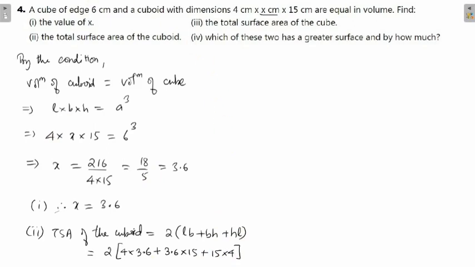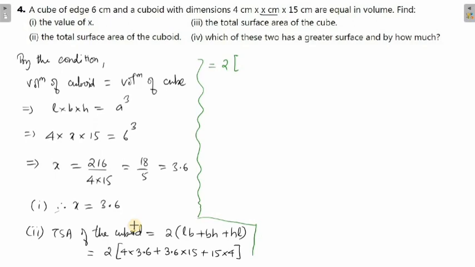I don't have space here, so let me continue this out here. So this is equal to 2 into, let me simplify this in one shot, 4 into 3.6 plus 3.6 into 15 plus 15 into 4.